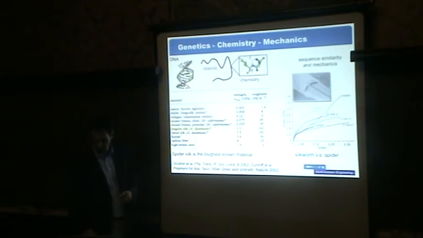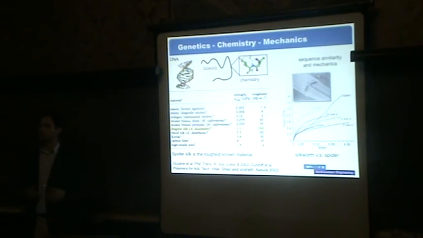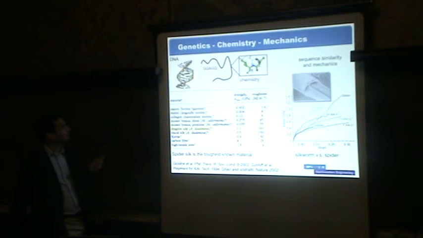So the idea here is to map a representative structure for the case of amorphous domains. And then the idea is to link all the genetic information we know from spiders, such as the sequence of the proteins, and bridge that into a structure, and then from that structure get some sort of mechanical features.